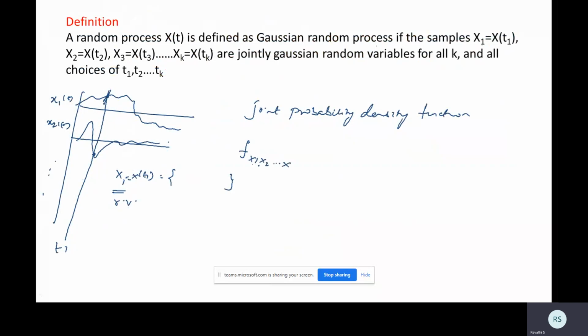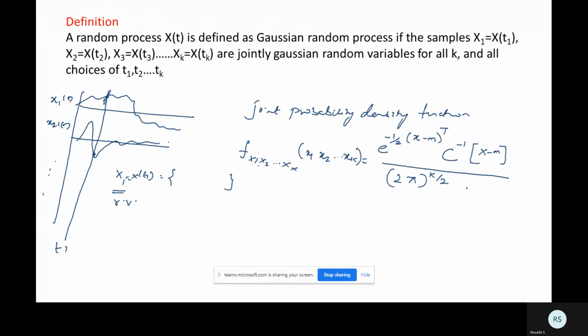We define f of x1, x2 up to xk as e power minus 1 by 2 (x minus m) the whole transpose times C inverse times (x minus m), divided by (2 pi) the whole power k by 2 times C power 1 by 2.